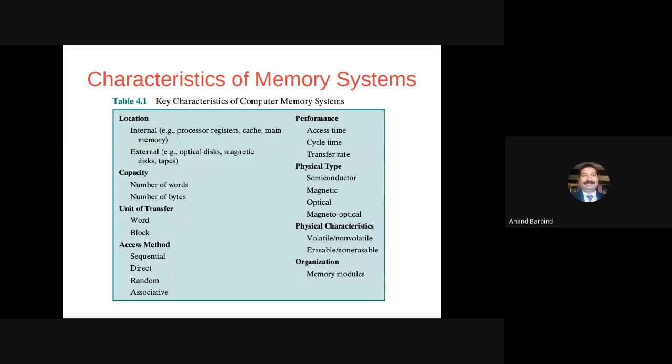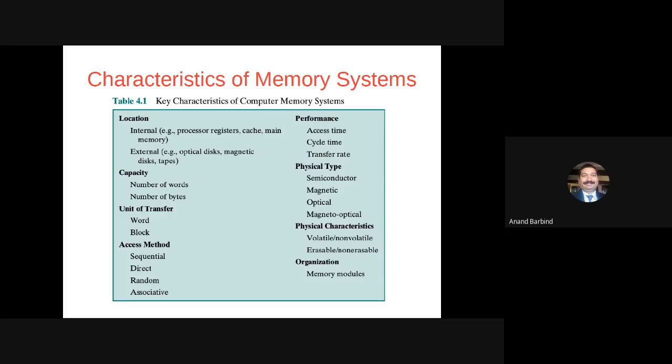Okay, so these are some of the key characteristics of the memory system. Based on the location, the memory can be classified either as internal memory or as external memory.